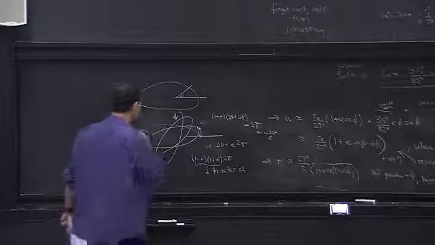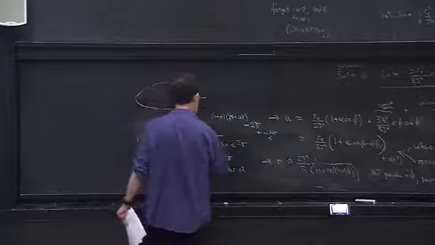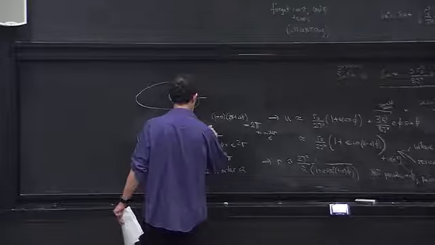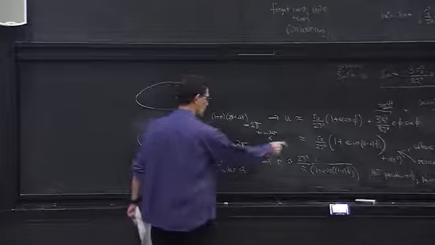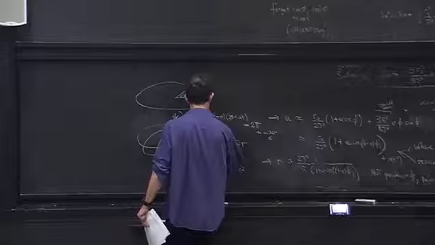So phi has to wait a little bit longer, and delta phi is 2 pi epsilon.